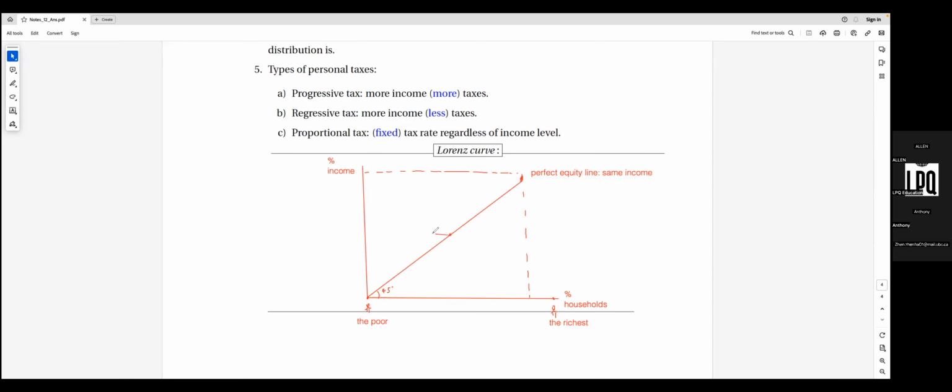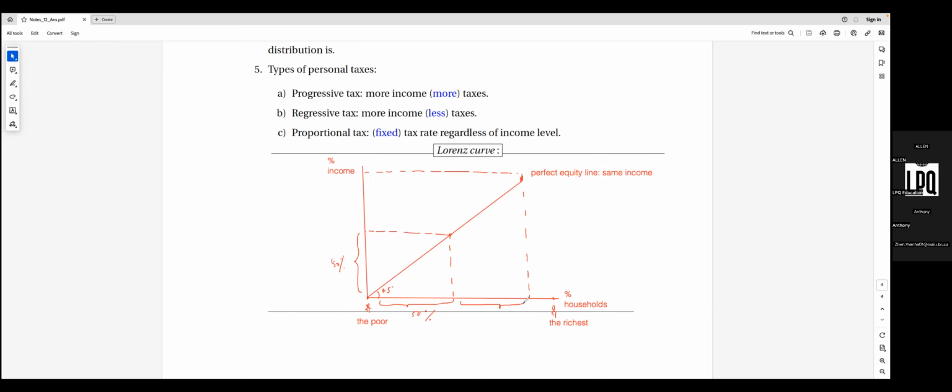For example, if I add a midpoint along this exact perfect equity line, that means the bottom half of the total population in your country controls 50% of all the income.